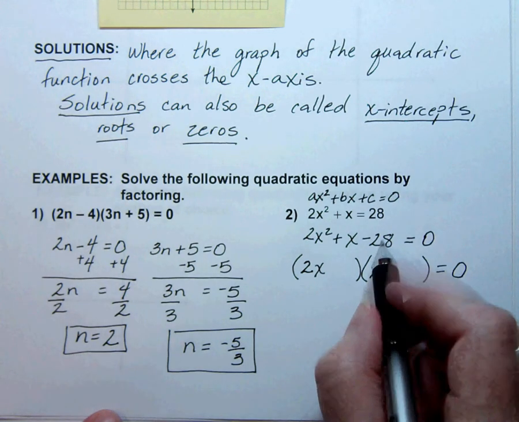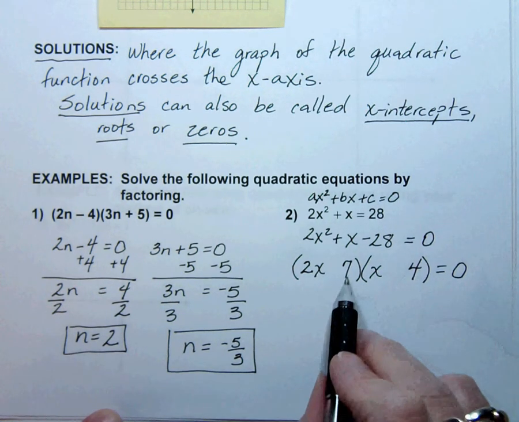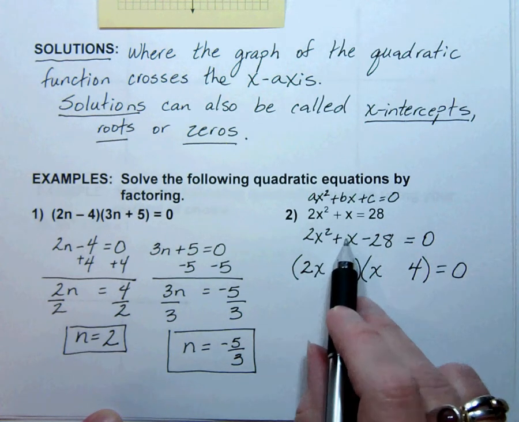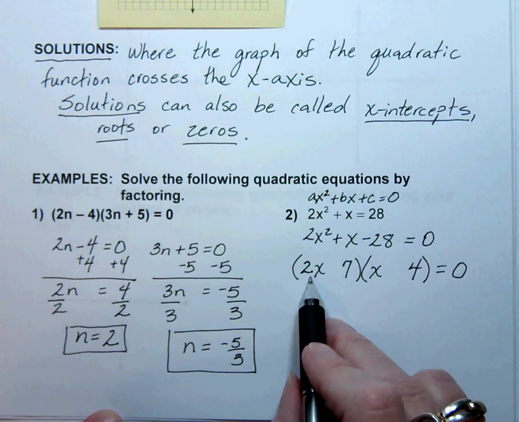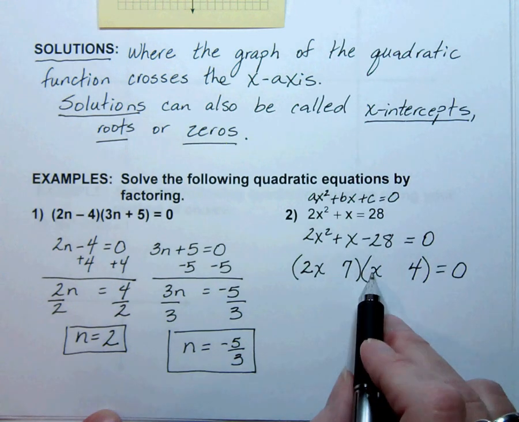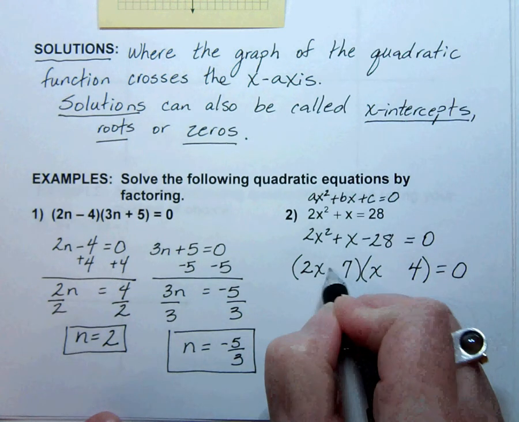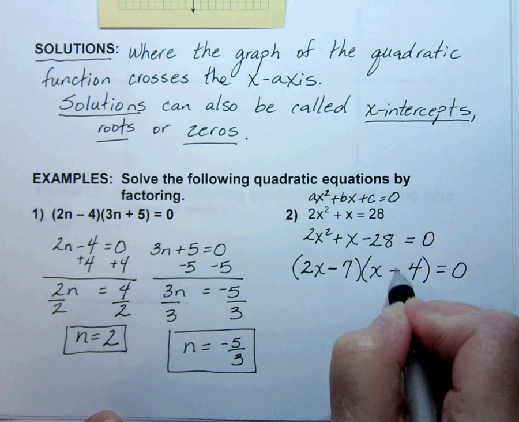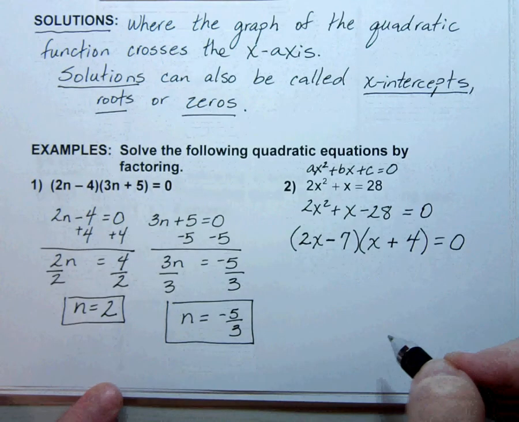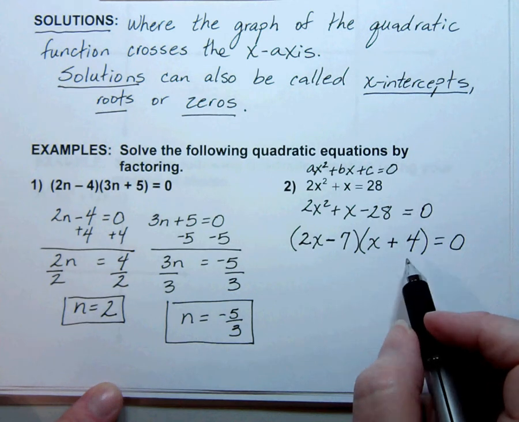So let's try if we used a 7 and a 4. 2 times 4 would be 8, and 7 times 1 would be 7. So that would give you a positive 1, but the 7 would need to be negative and the 4 would need to be positive. So that would give you the factors of 2x minus 7 and x plus 4.